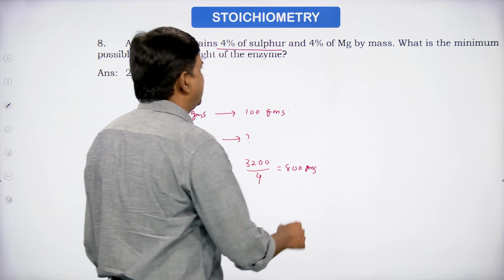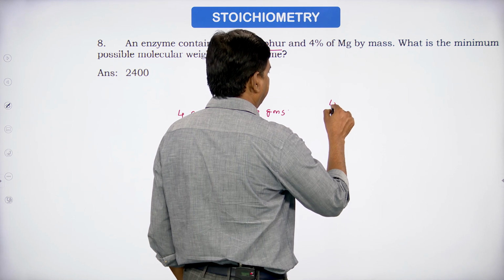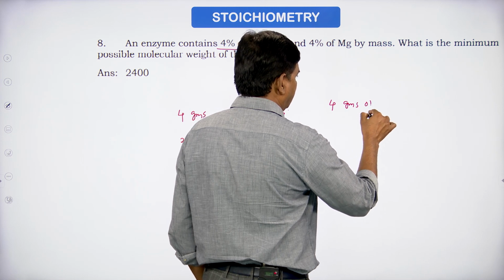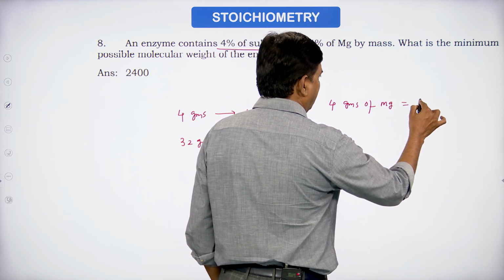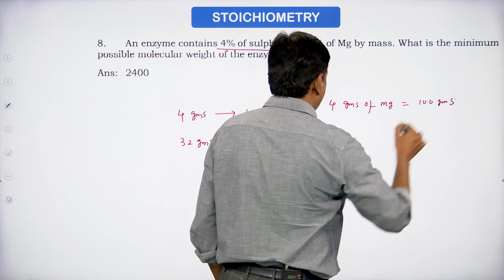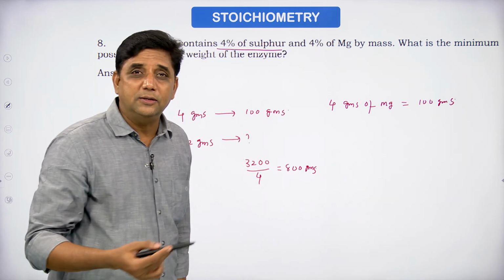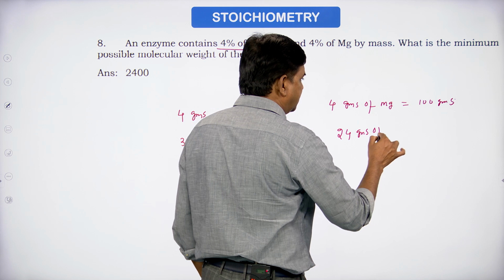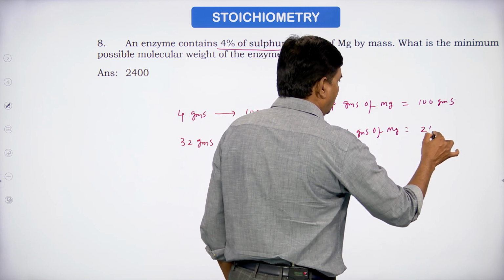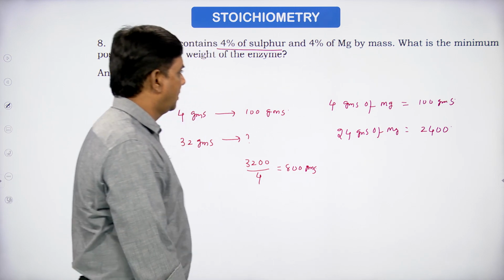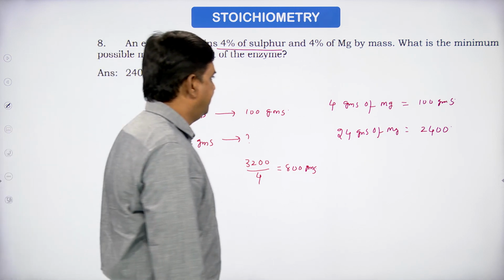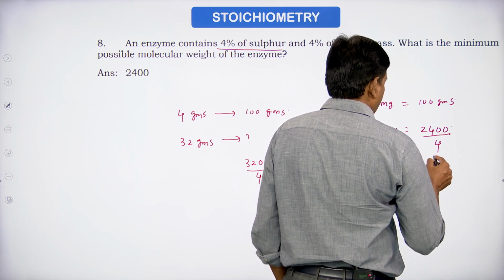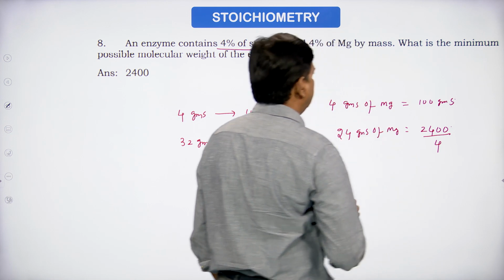Four grams of magnesium is present in 100 grams of the compound. So, what is the atomic mass of magnesium? 24 grams. 24 grams of magnesium would be present in 2400 by 4, which is 600.